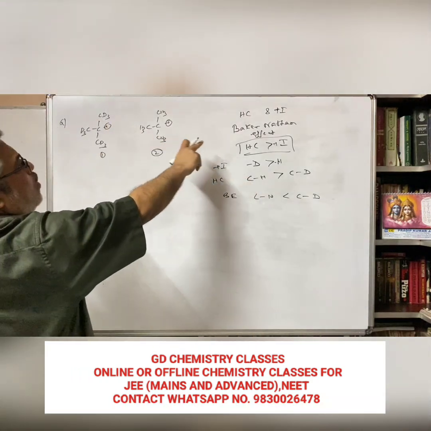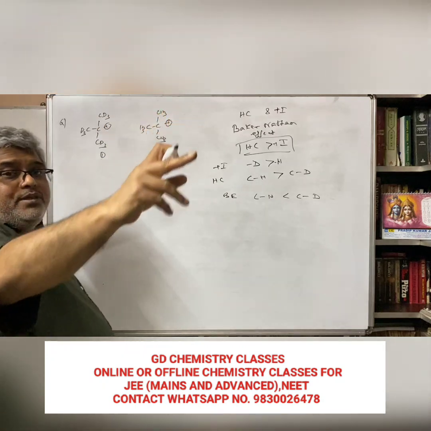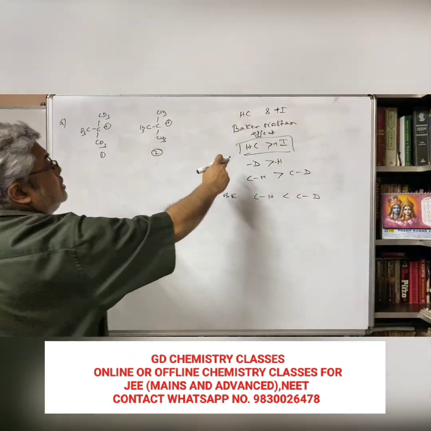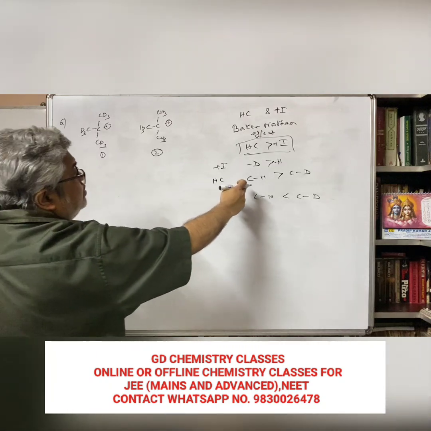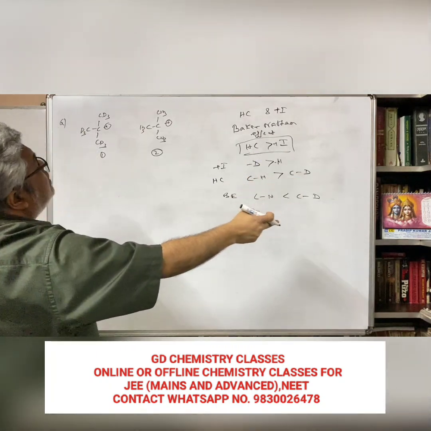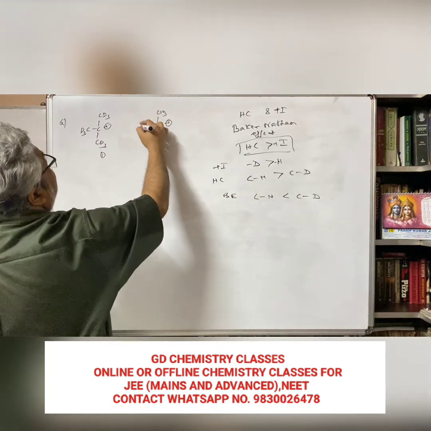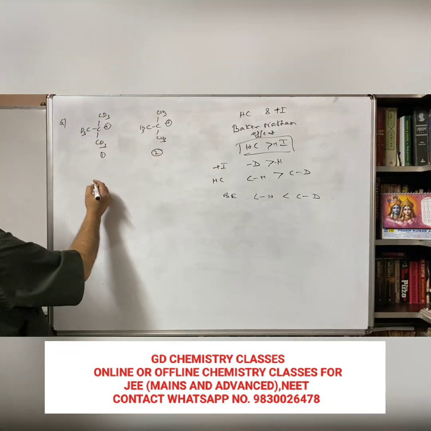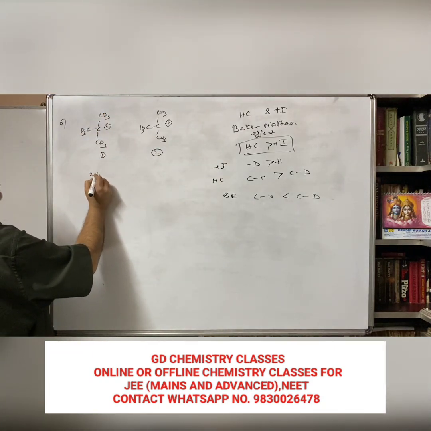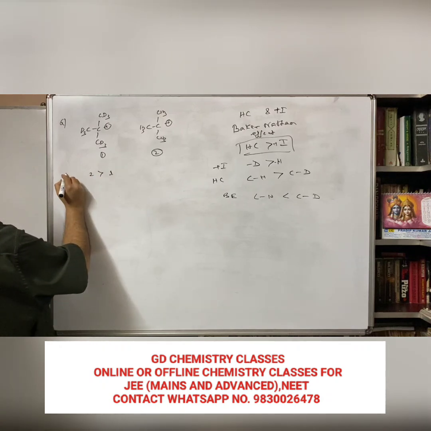Now this is a very, very common mistake students make. Hyperconjugation predominates over inductive effect, and whenever we have hyperconjugation, the CH bond is more preferred over CD. So here there are 9 alpha hydrogens and 9 deuterium atoms. Hyperconjugation is predominating, and so we can simply say 2 is more stable than 1.